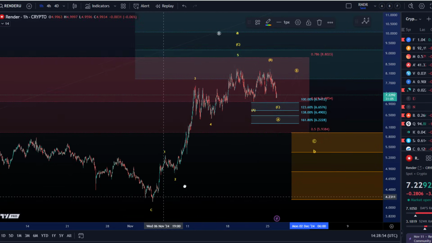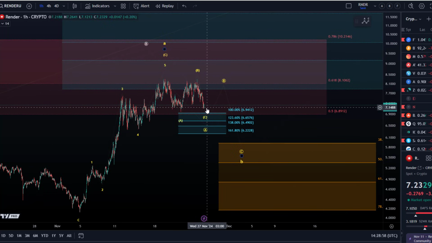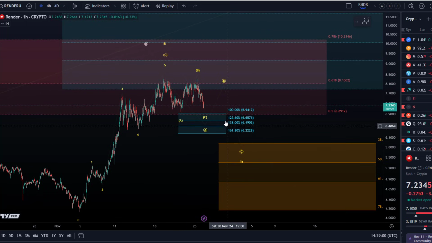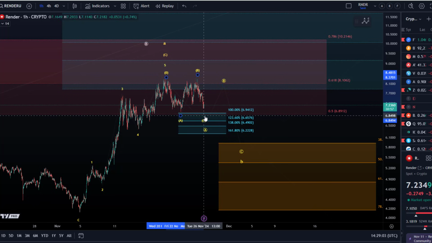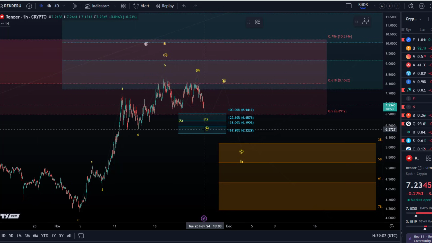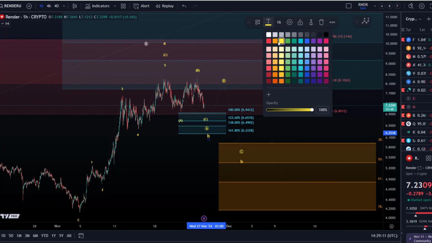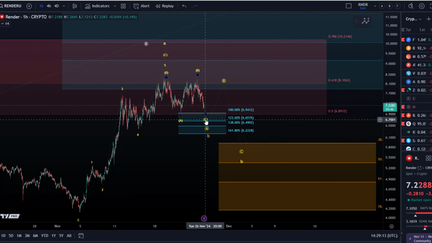Bear in mind that micro counting on altcoins is always a bit speculative. And then if we say, okay, but maybe, B waves are chameleon-like, so it is possible that this B wave is just going to be very, very weak. And we would find support somewhere here. And I'll highlight that in orange.